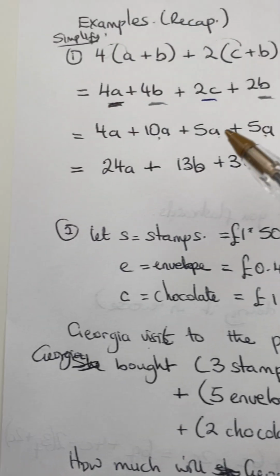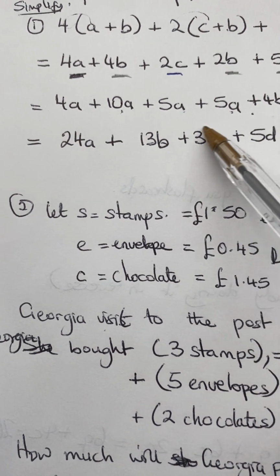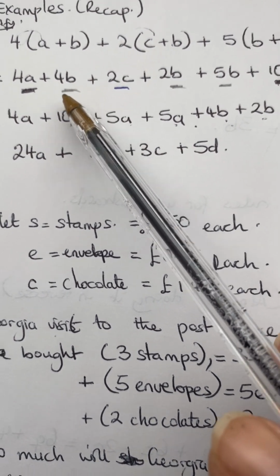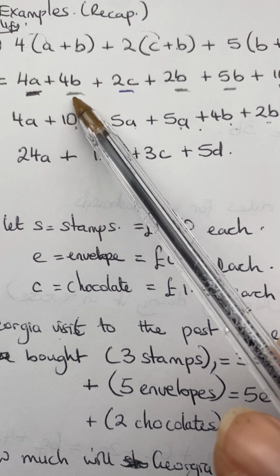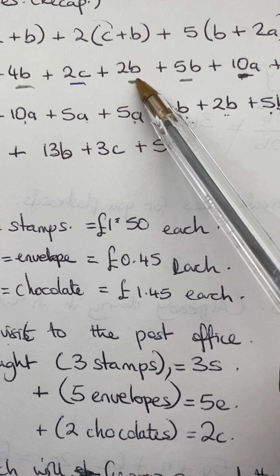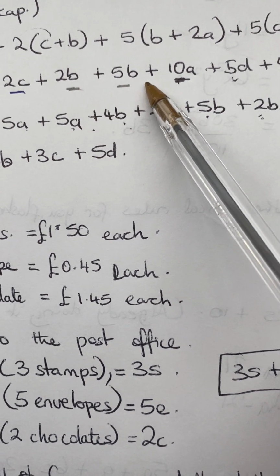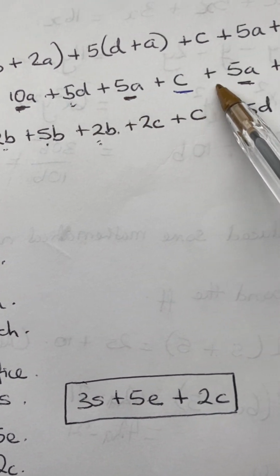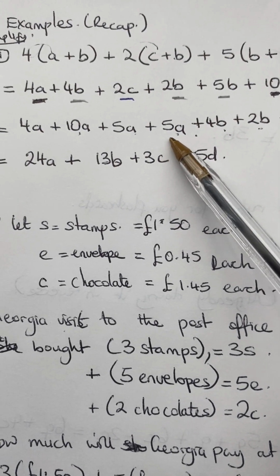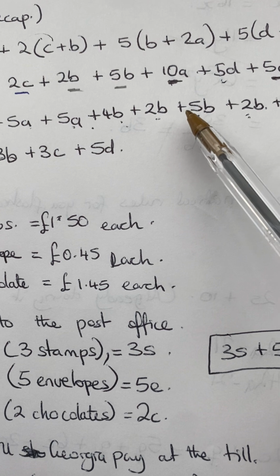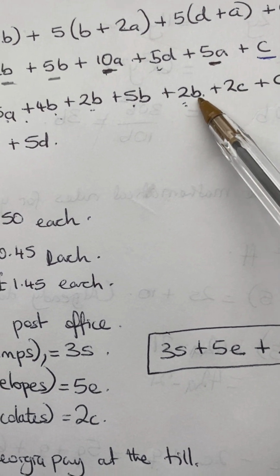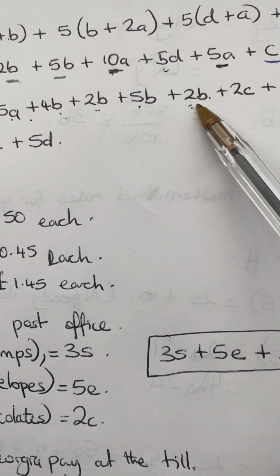So these are my A's. And then I went on B with a pencil. So 4B, add 2B, add 5B, add 2B. So these are my B's. 4B, 2B, 5B, 2B. All is add.